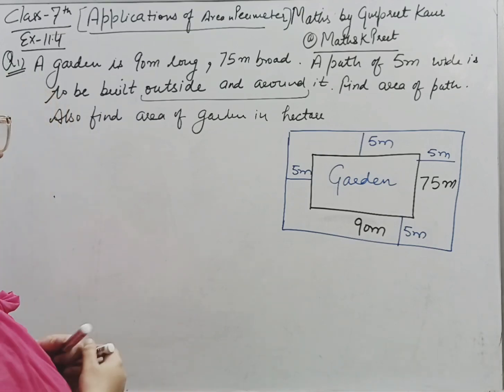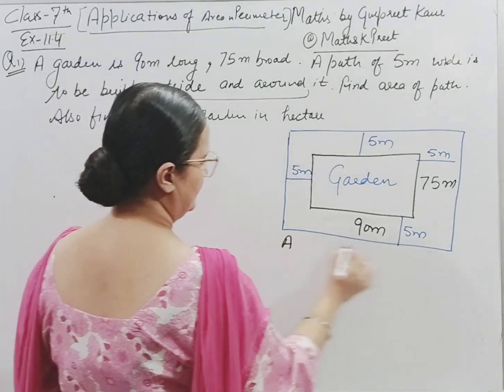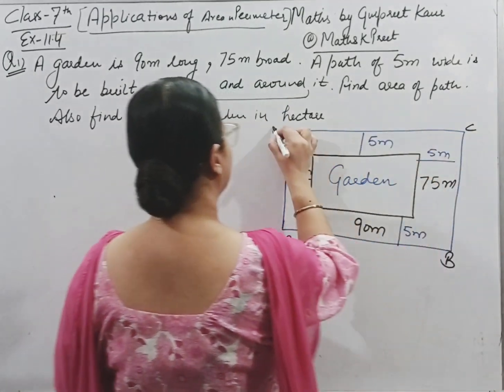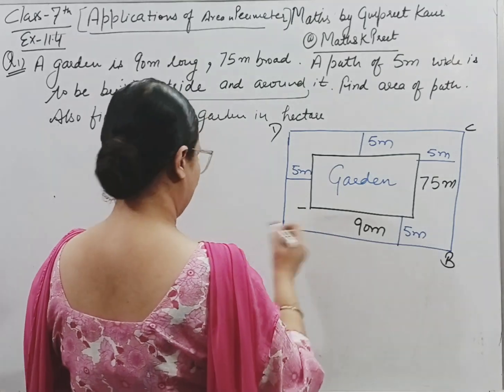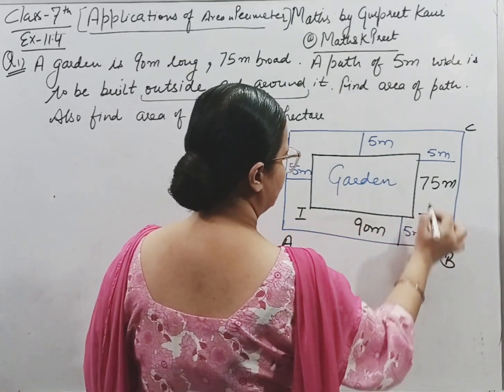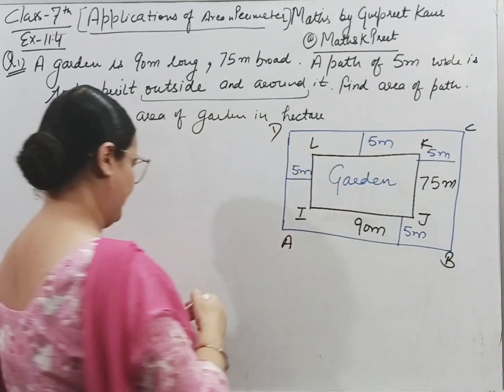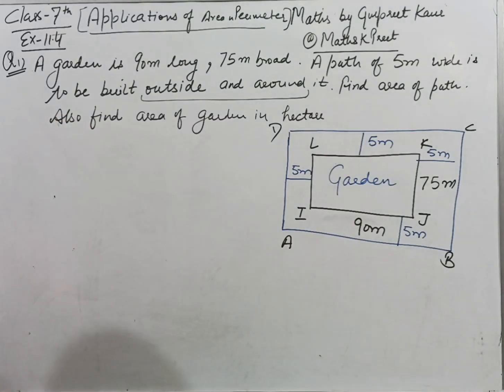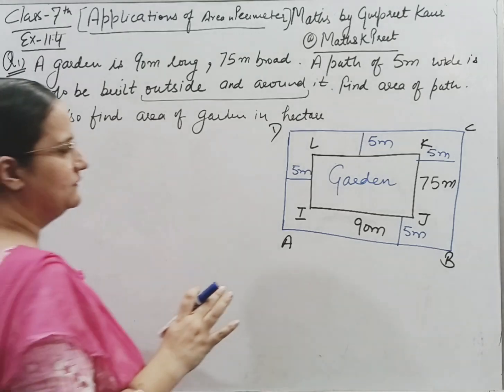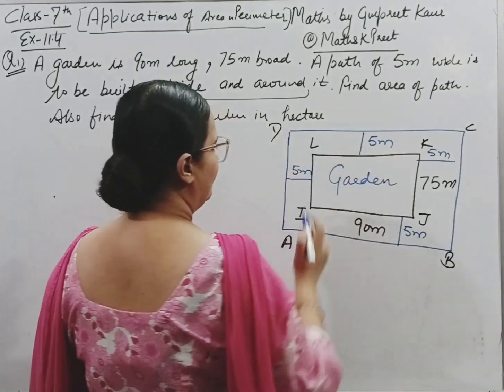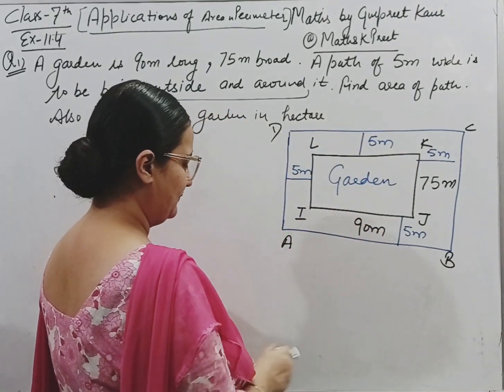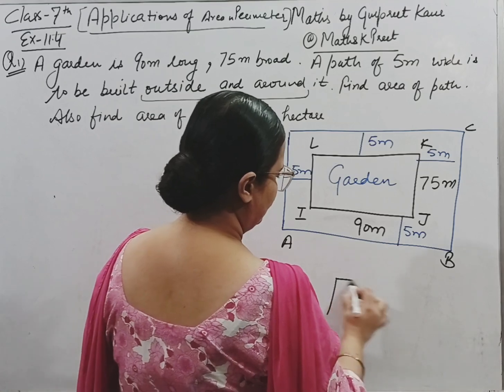Let me name this figure as ABCD, and this rectangular garden as IJKL. Here we have to find the area of the path and the area of the garden. First we will find the area of the path. If this is my figure, I am just drawing it again.